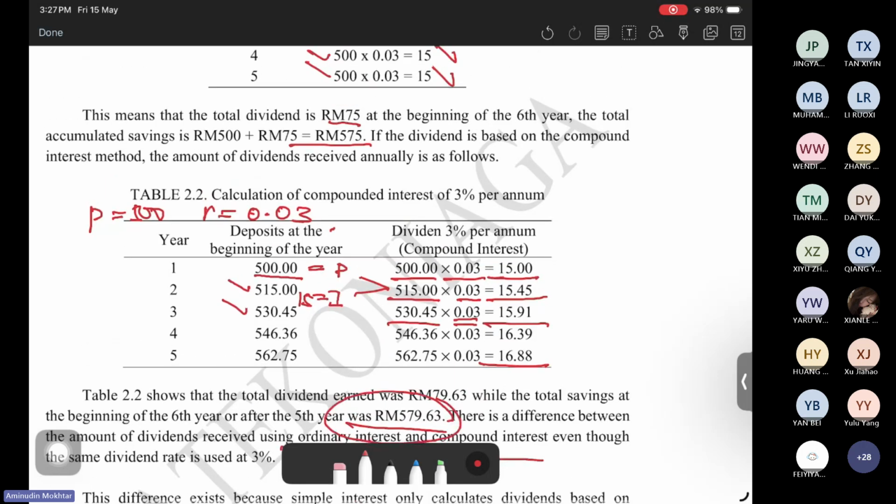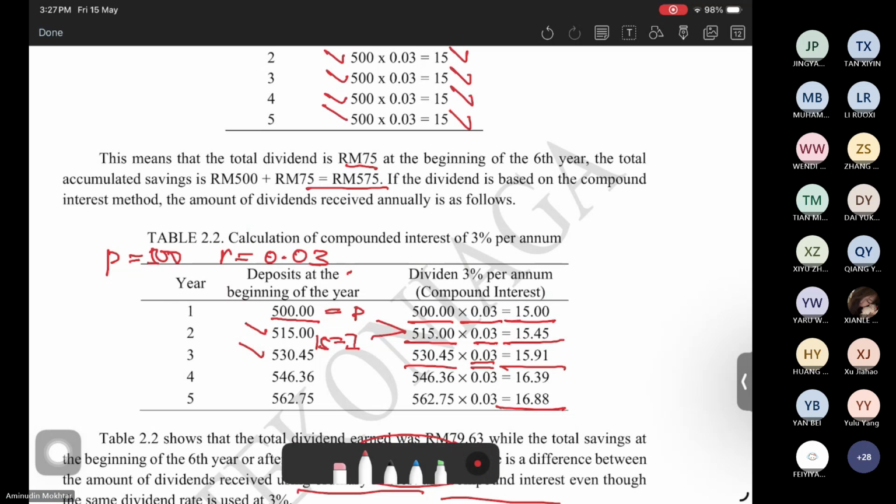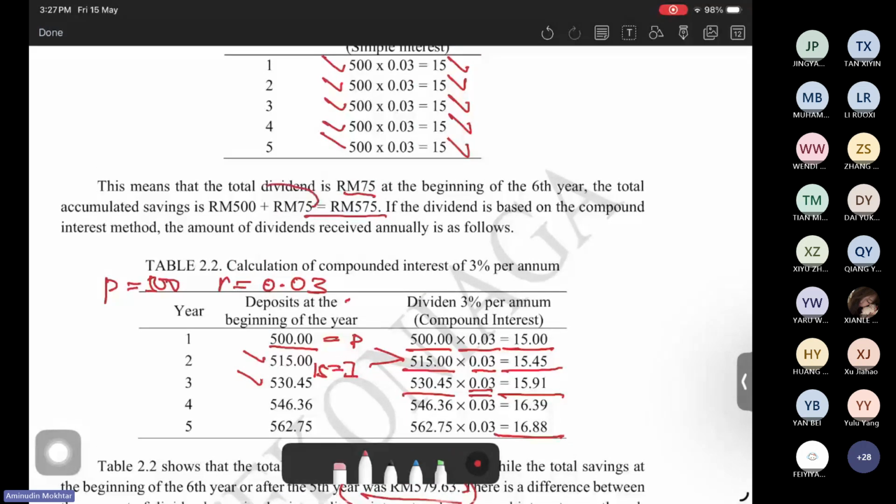Meanwhile, if you compare to the simple interest rate, the total dividend is only 775 ringgit, and the total amount of saving is 575. So basically, the amount of total compound interest is greater than the amount of simple interest.